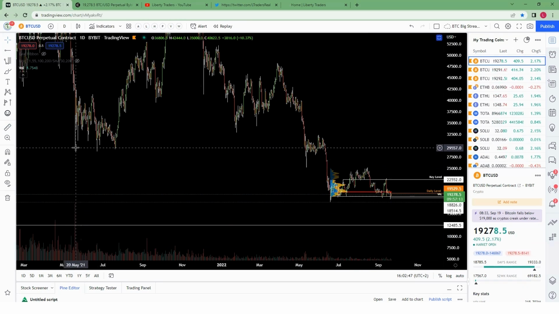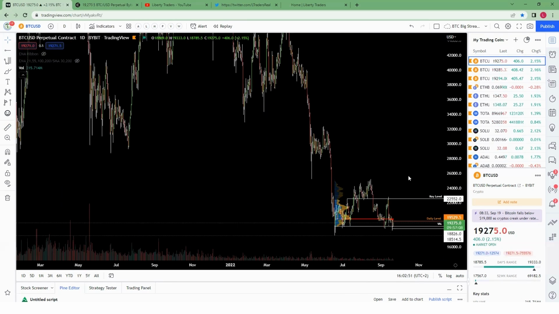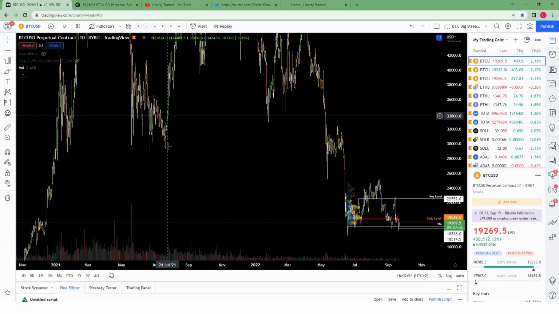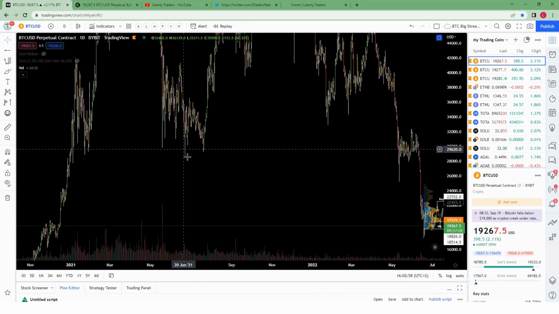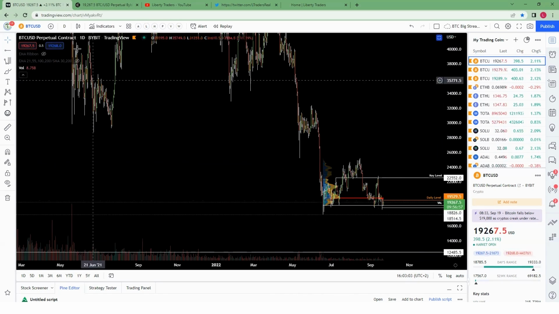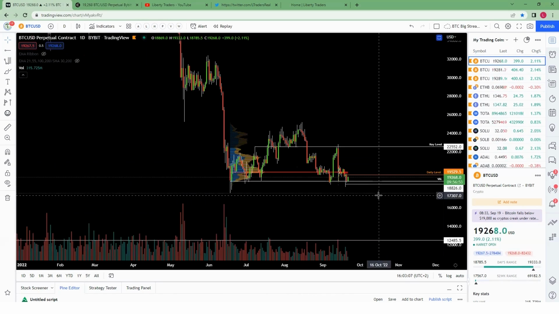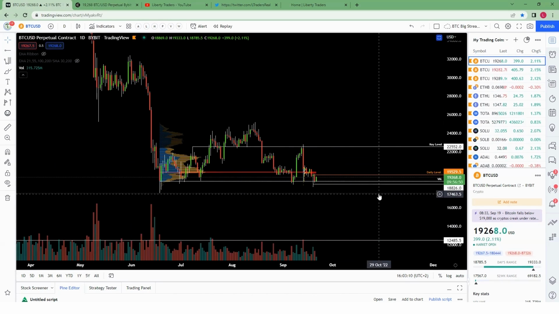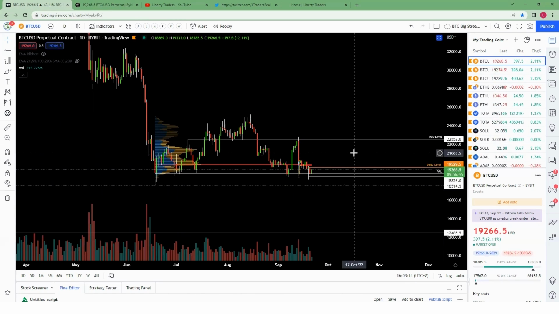So if we do something like in June, a swing failure of this low, that'll be very interesting to see, making a higher high and then pumping out of it. We want to see some sort of heavy buyback, looking at some sort of big wick. We haven't really seen that at all, and this is just on the daily. So I'm really waiting for something crazy to happen, grabbing some massive liquidity, and then having a higher low structure and higher high structure in place as an indication of a possible market structure.